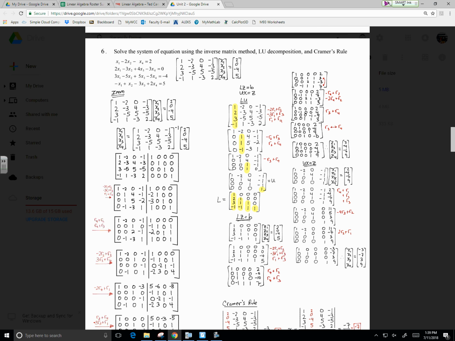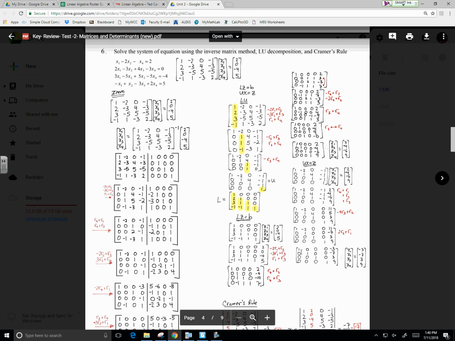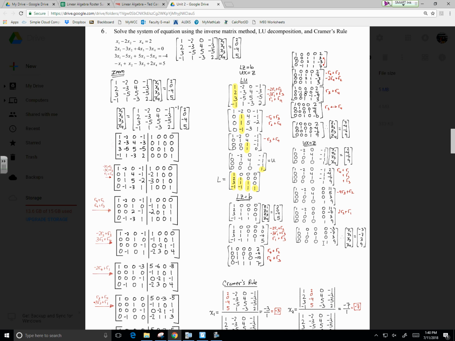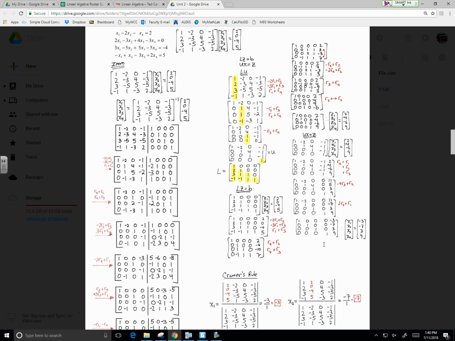The idea is somehow we have to actually solve an equation from this, right? But the rest of the process isn't really anything new because it's all unit one stuff. We went through the entire process of coming up with the L and the U, so we're good to go there. Now what we do is we find LZ equal B, right?